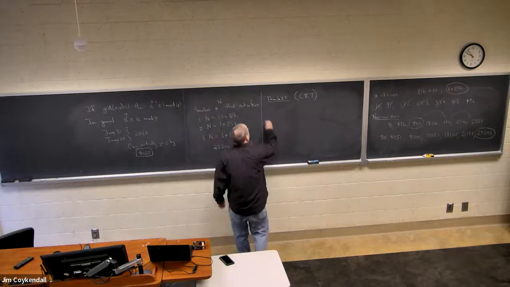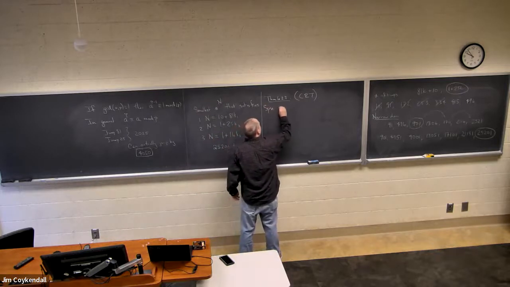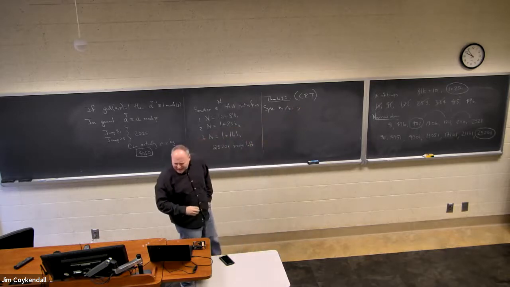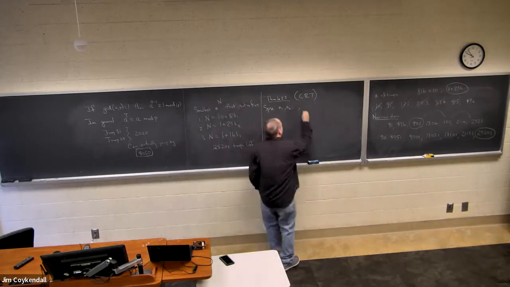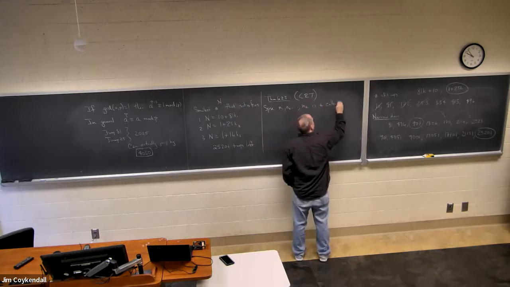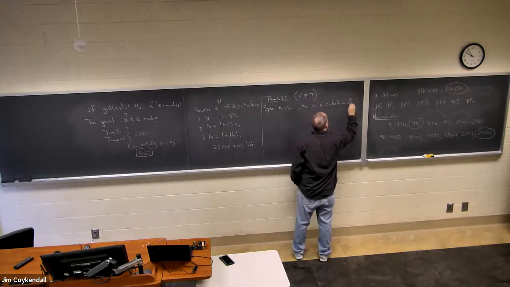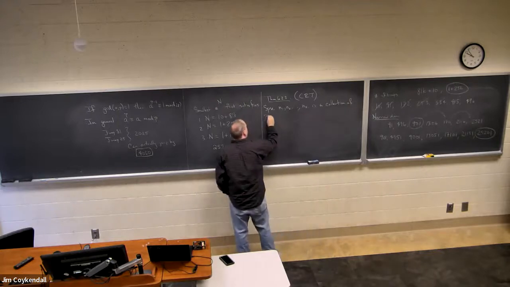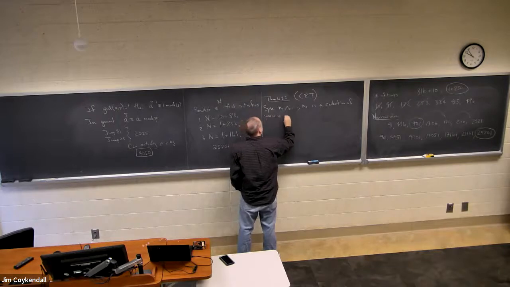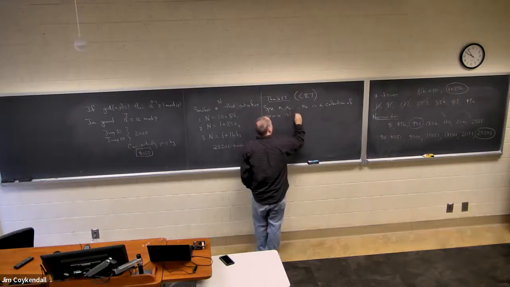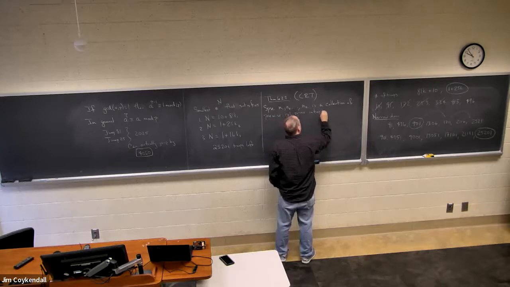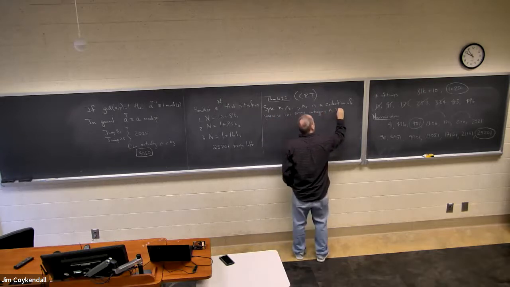Suppose that n1 through nk is a collection of pairwise relatively prime integers, and we'll say that each n is greater than or equal to 2.